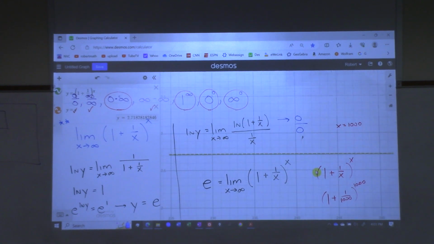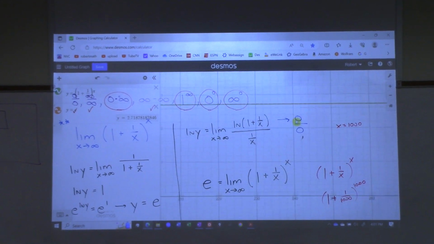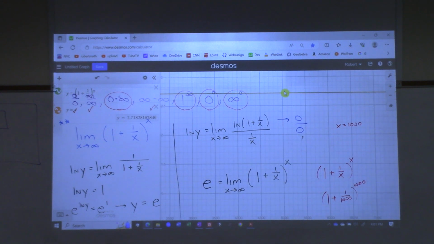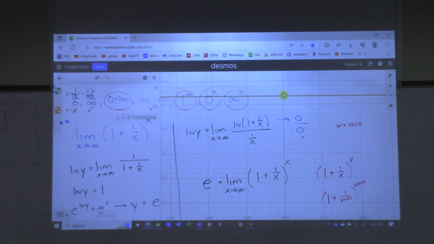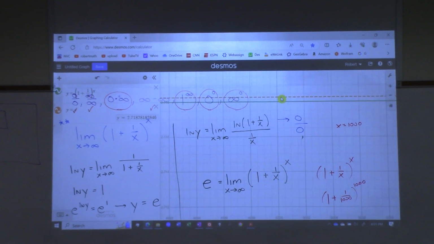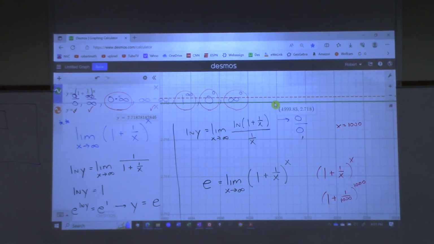But I can go further out. Let me see how far I can go. Let me go out to like 5,000 and zoom in. They're almost indistinguishable. There we go. If I get on the green one, you can see it's rounding to 2.718.